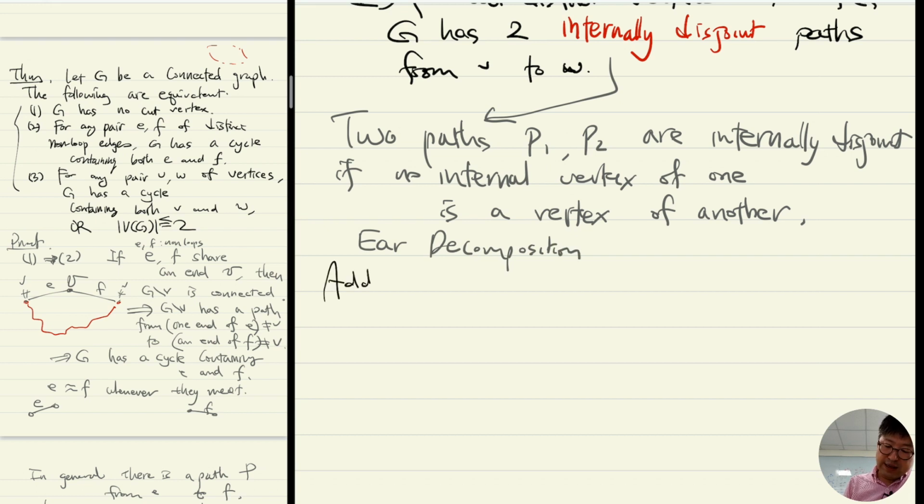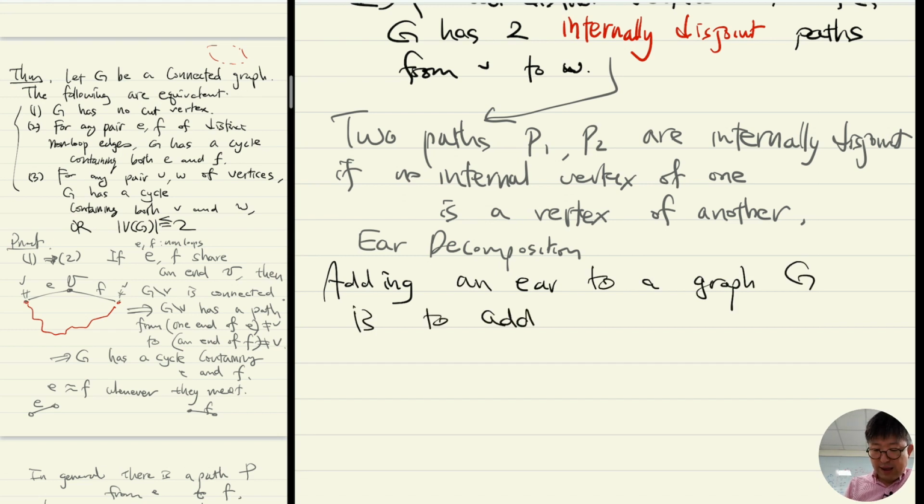Adding an ear to a graph G is to add a path.